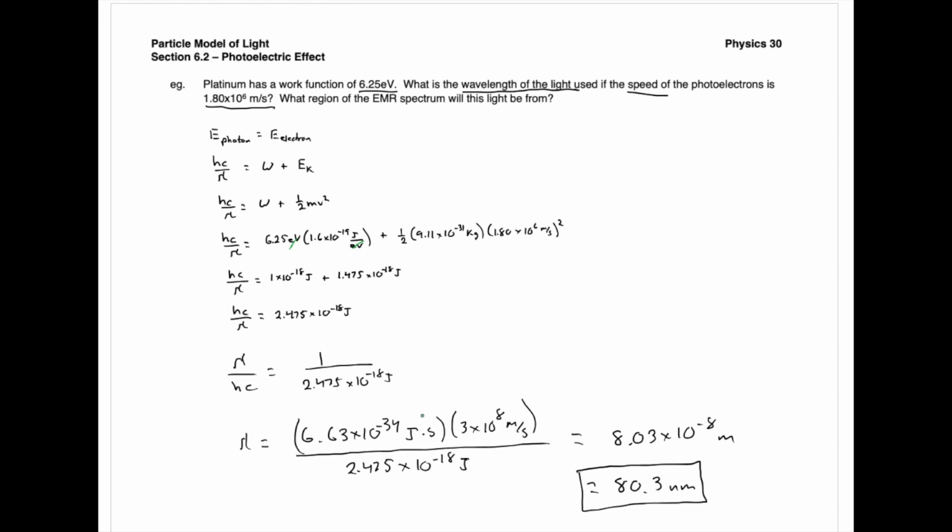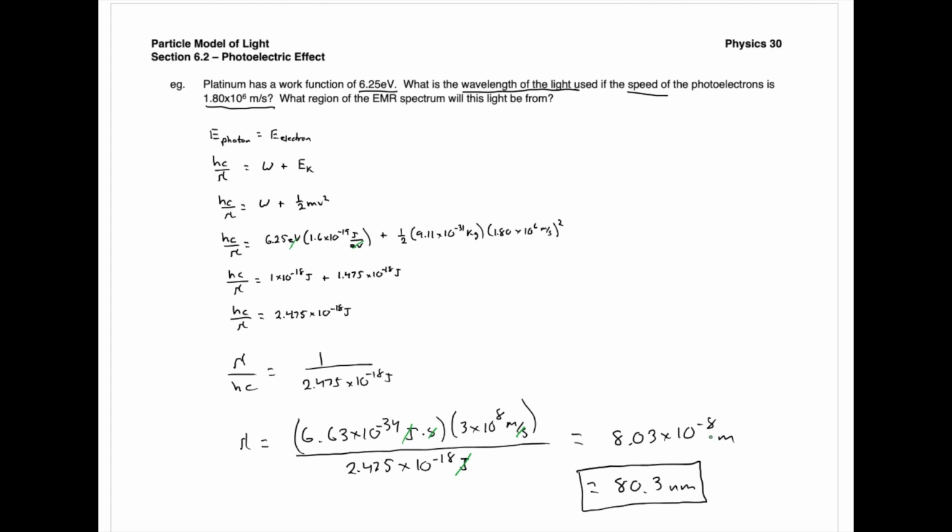And so when we do that, we have joules times seconds times meters per second. So then my seconds are going to cancel out overall. And then I have joules over joules. And so I'm left just with units in meters, which is what I'm expecting for my wavelength. I'll get 8.03 times 10 to the negative 8 meters.